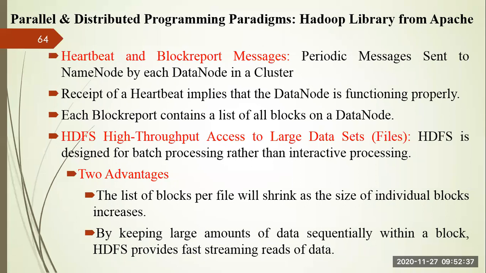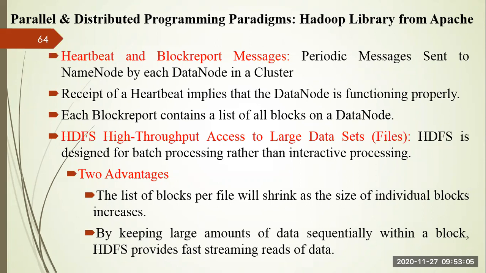Just like the ping message we studied in the networks subject, we send it to check whether all the nodes are live and active. Receipt of a heartbeat implies that the data node is functioning properly. That is the reason for going for this. And each block report contains a list of all blocks on a data node.